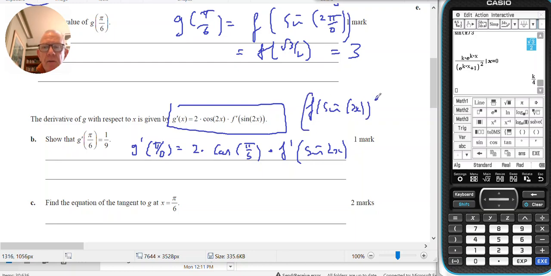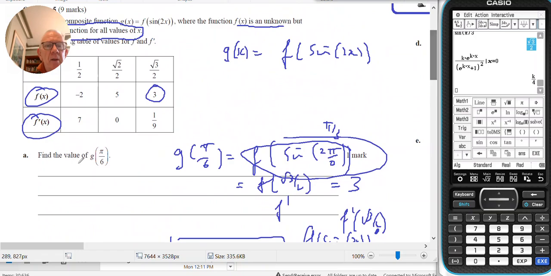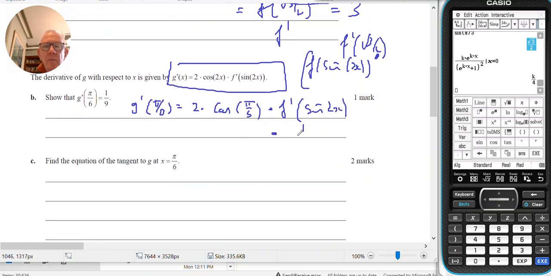So I want f dash of root 3 on 2, and f dash of root 3 on 2 is 1/9. So that's 1/9.